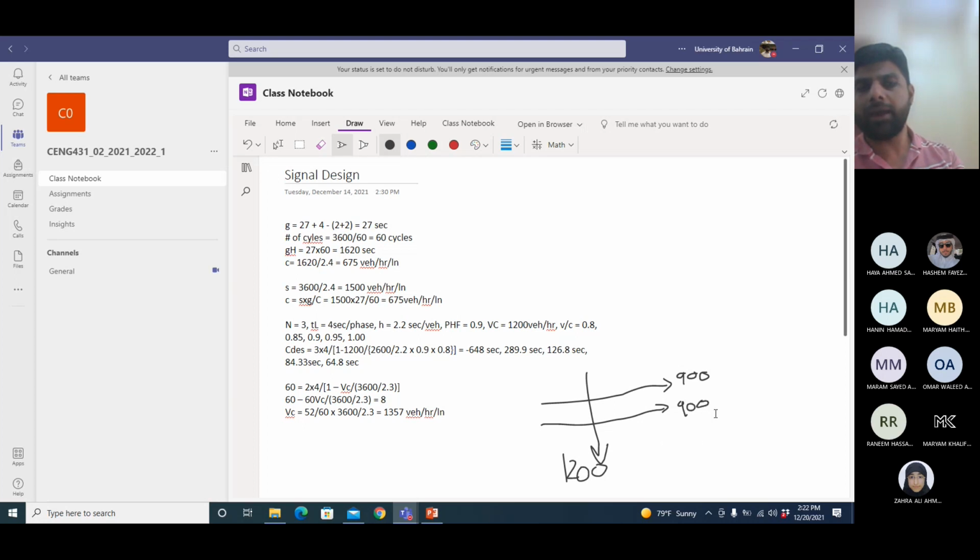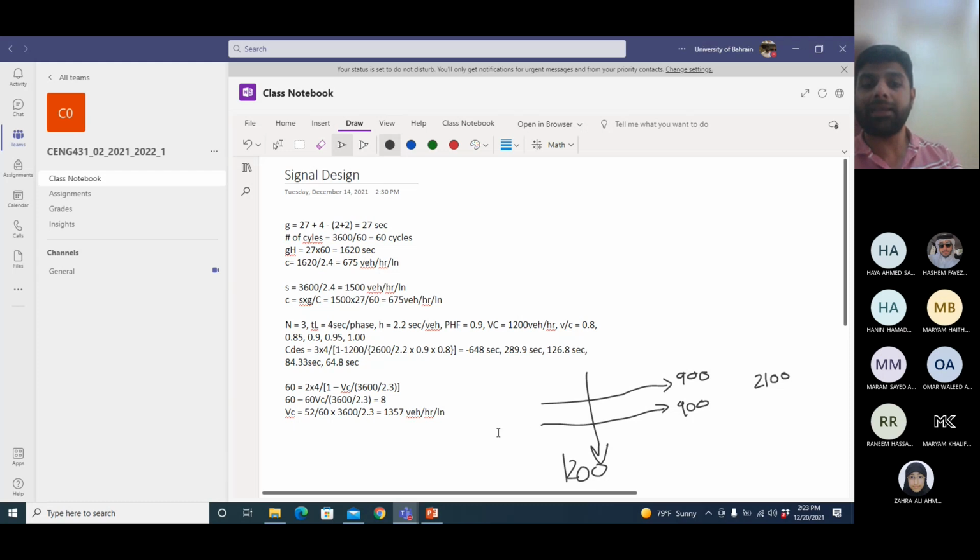So I have per lane 900 in the east-west direction and 1200 in the north-south direction. So 900 plus 1200 is 2100. So per lane volume with 2 lanes in the east-west direction is 2100.